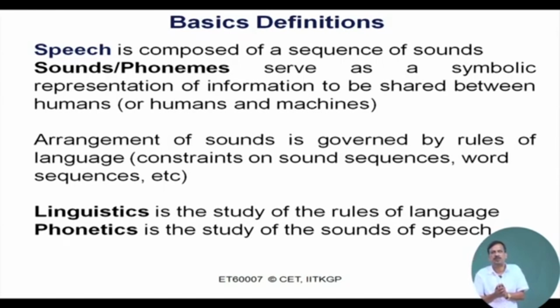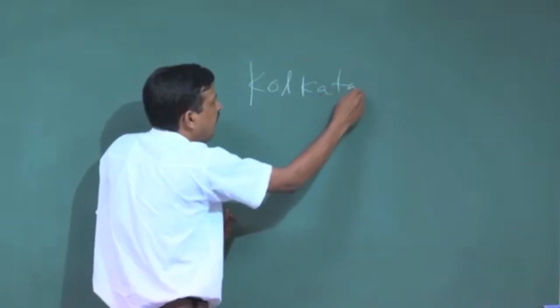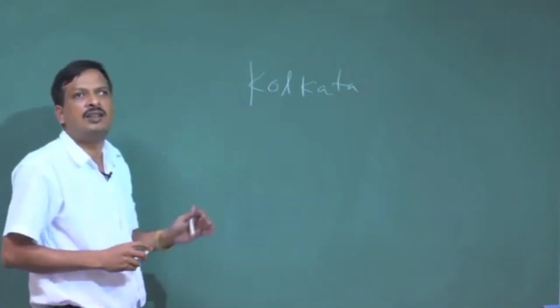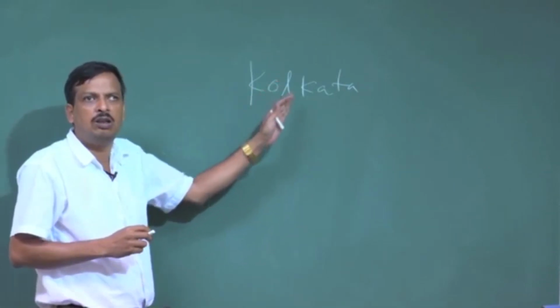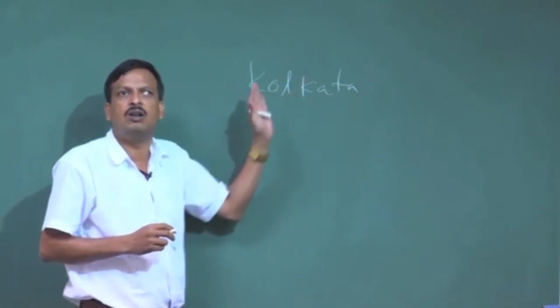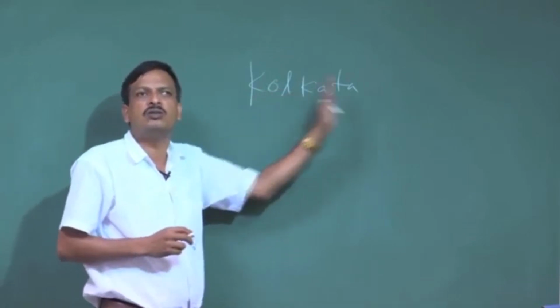understand. Suppose I say Kolkata. There is the sound ko, o, lo, ko, a, ta, to and a. All the sounds are there.